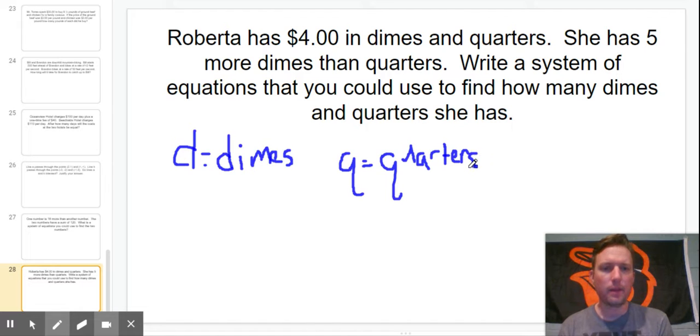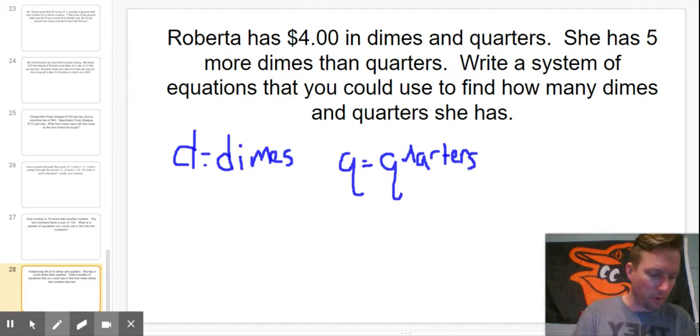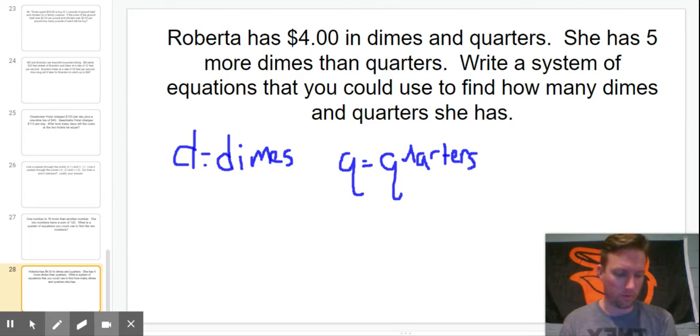Okay, now system of equations means we have two equations, and these equations work back and forth. We can use them and hopefully help solve the problem using each other. So the first equation says Roberta has $4 in dimes and quarters. Okay, but she has 5 more dimes than quarters.